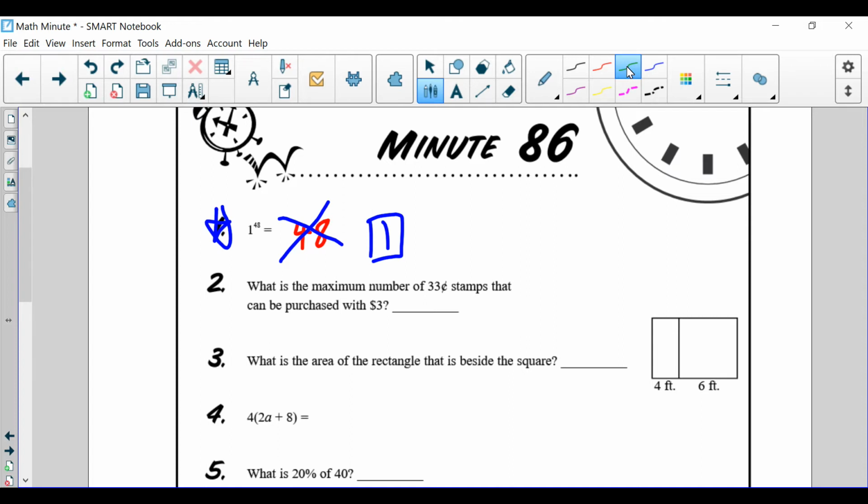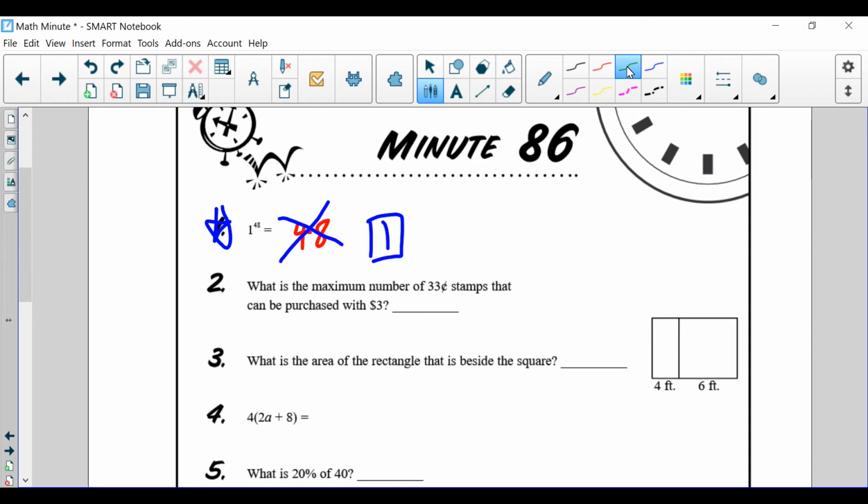Next, let's go over stamps. What is the maximum number of 33-cent stamps that can be purchased with $3? So let's think about that. Well, how many stamps can you purchase with $1?